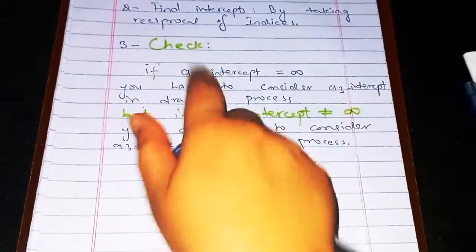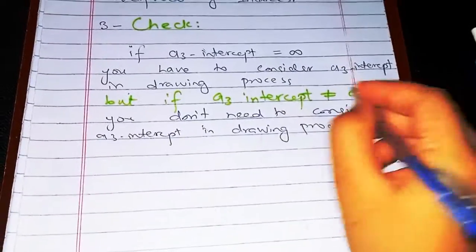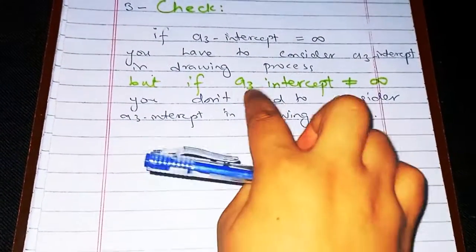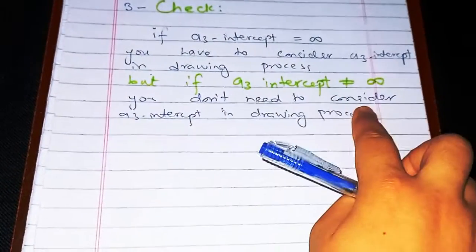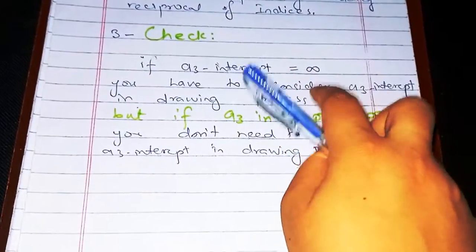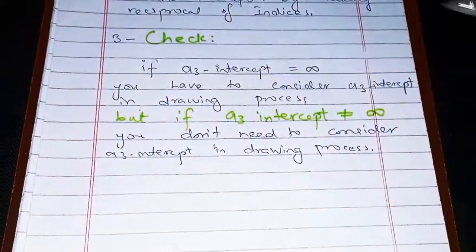Okay, so keep that in mind. That is always true. And it is also because of the fact that A1, A2 and A3 are linearly dependent upon each other, so you can always ignore the A3 intercept while drawing it. But in case we have this infinity, you have to consider it because it helps in drawing and defining the shape of the plane. Okay, so keep that in mind.